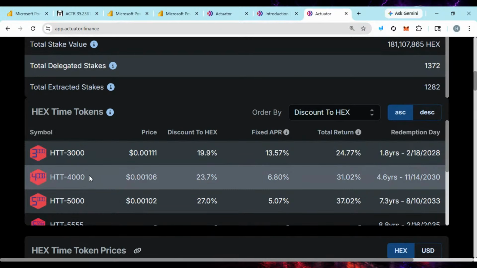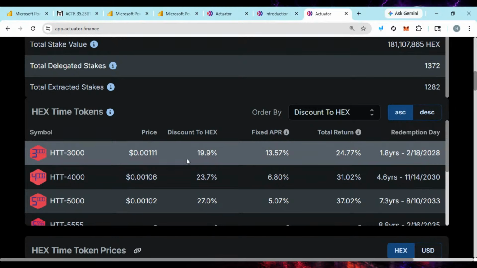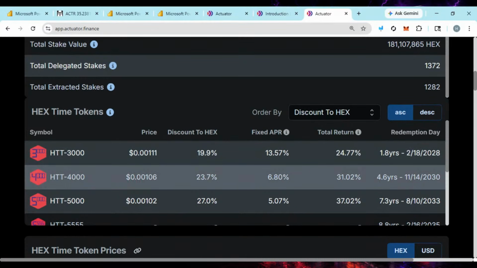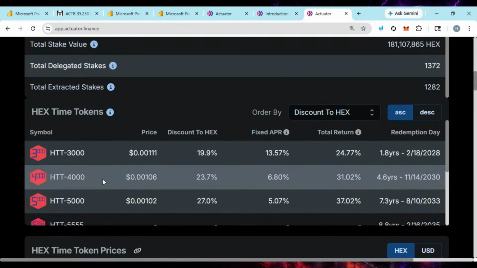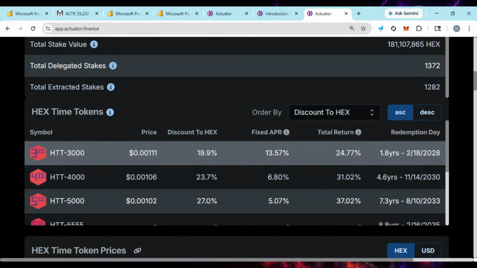And I don't know what you call it, C3 Works. I don't remember your exact term for it, but I call that time travel trade. Because if I end up in a situation where these discounts are that out of whack, I can get many more HTT 3000s than I probably should, which means I could take my whole bag from 4000 and swap it into 3000s, and now all those HTTs I was going to wait for redemption for on 4000, I can now redeem them on day 3000.